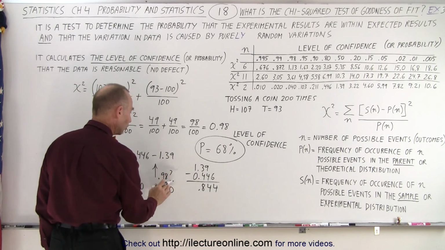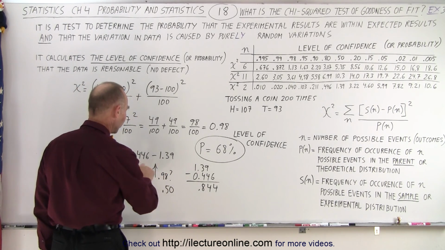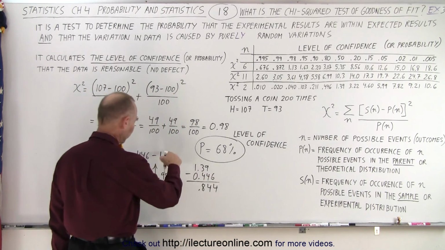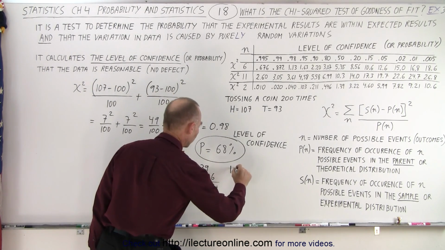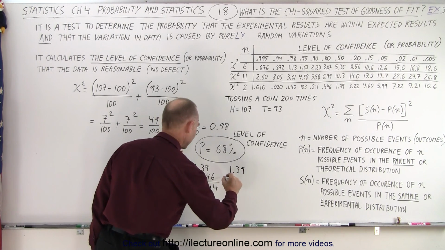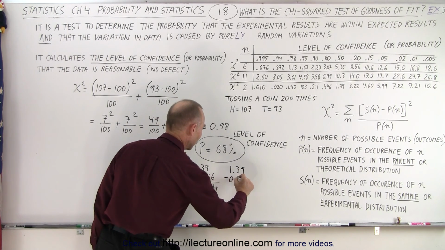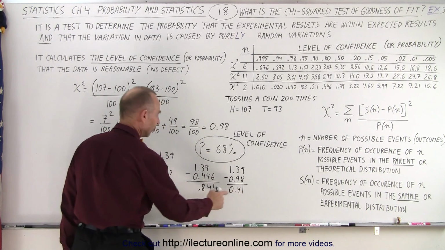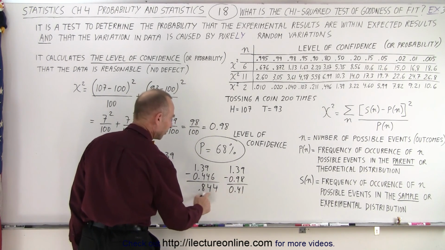So what fraction do we have when we go from 0.446 to 0.98? Or in other words, we can come from the high number. So 1.39 minus 0.98 would be 0.41. And so what is the fraction from there to there?